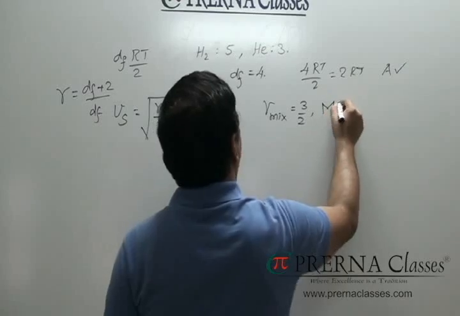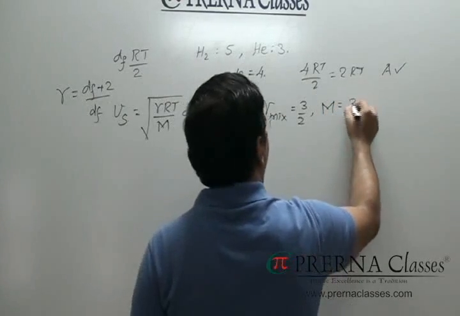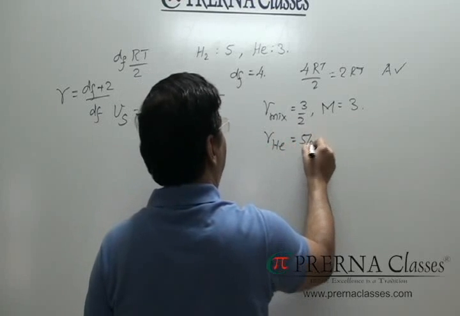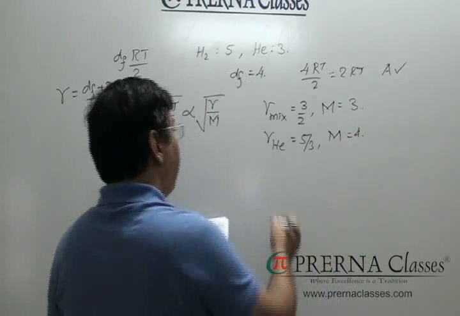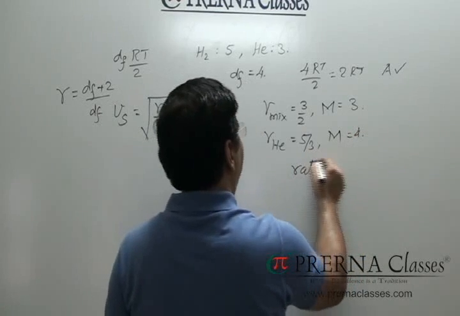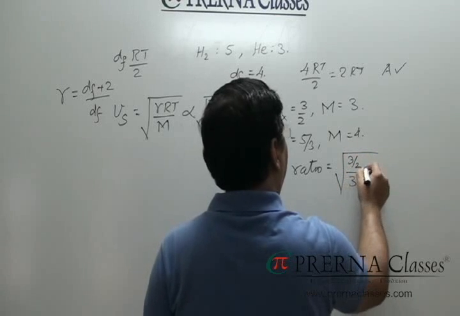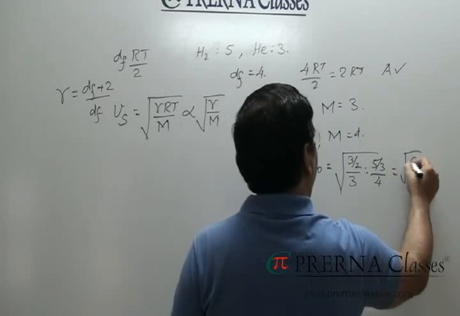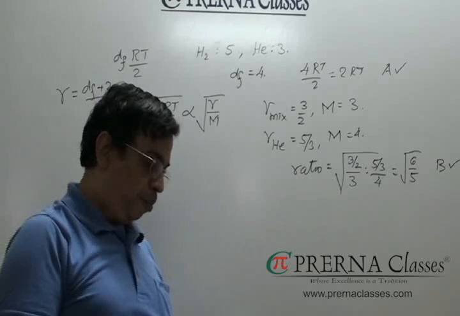The molar mass of that mixture, we know that hydrogen has 2, helium has 4, then is going to be 3. Whereas gamma for helium, we know is 5 by 3. The molar mass of helium is 4. So the ratio that we are looking at then is going to become this. So option B is also correct.